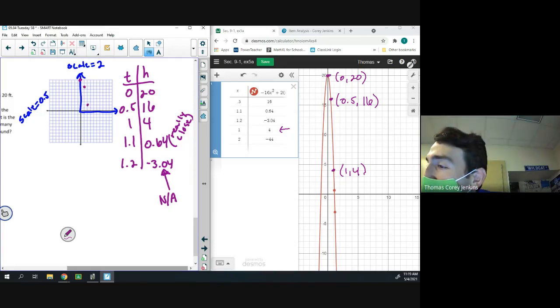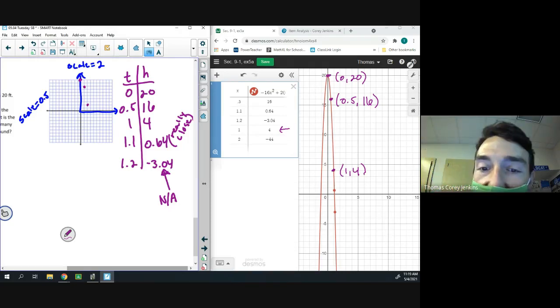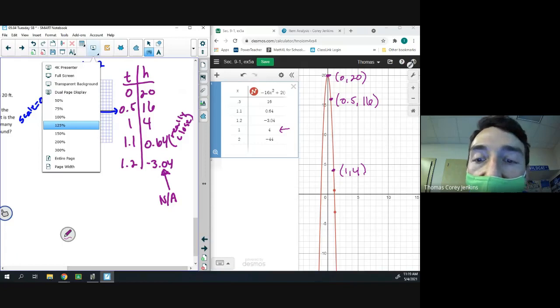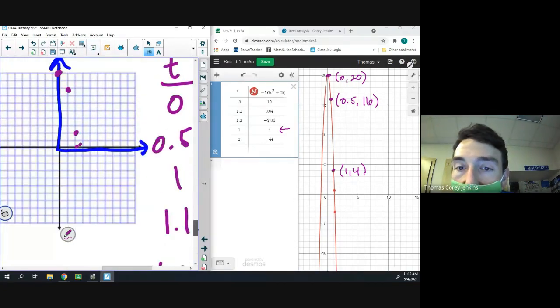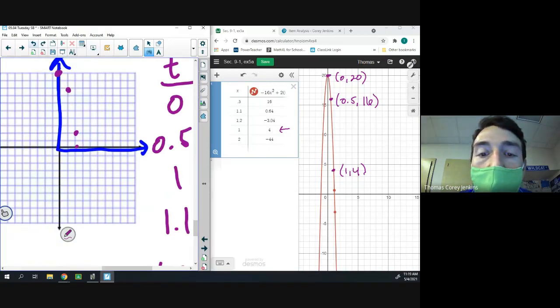And then we have 1.1, 0.64. We're not going to be exact there, but it's going to be just to the right of 1.5 and almost on the ground. So let me zoom in so I can get a little closer. We'll just say it's about, that's pretty close right there.